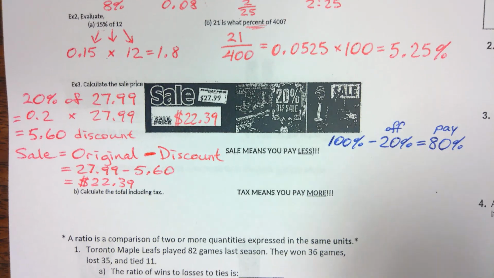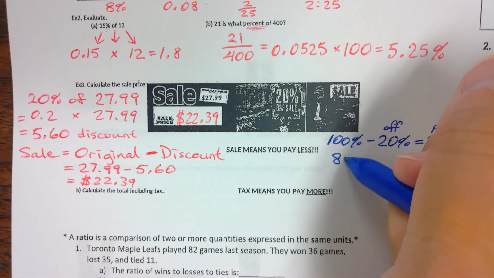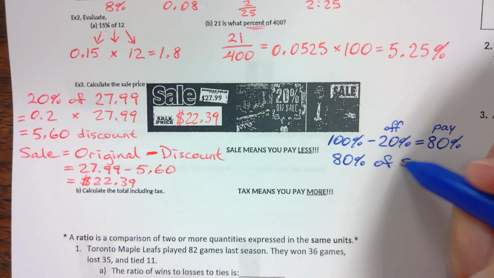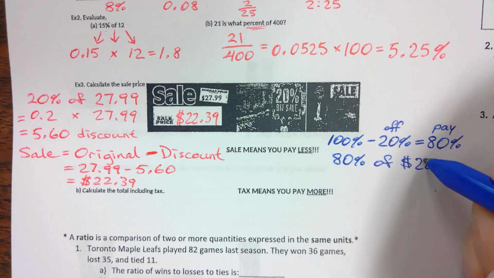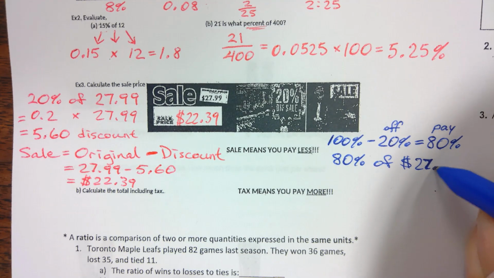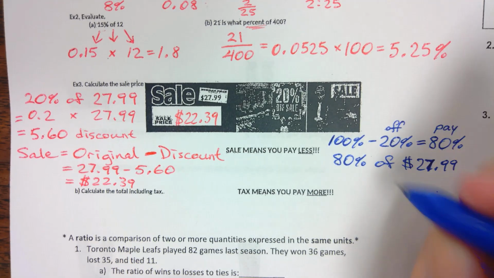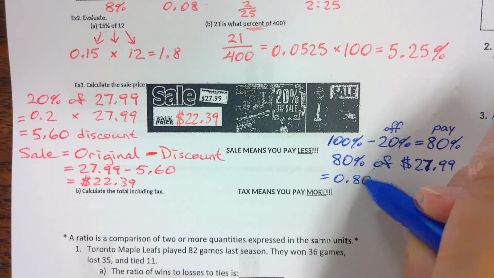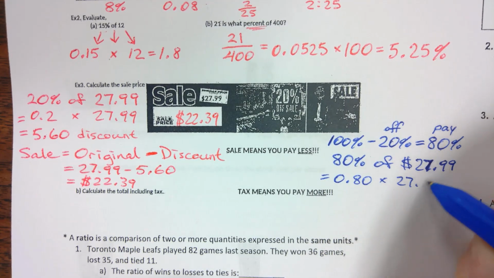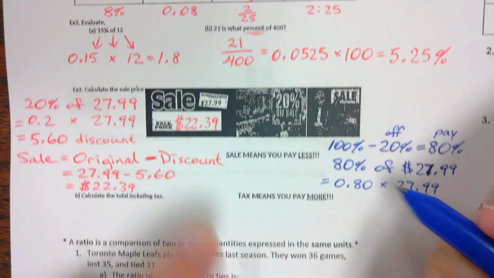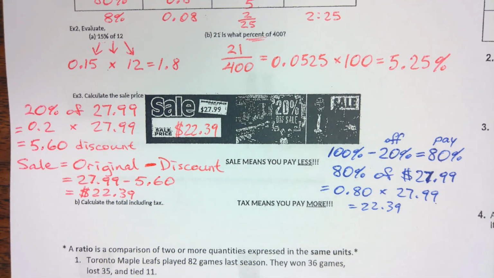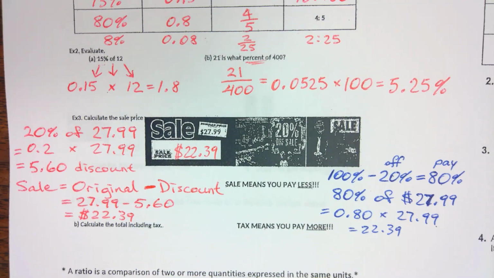So the shortcut is you just have to do 80% of 27.99. When you do 0.80 times 27.99, you will get $22.39. Okay, one step.